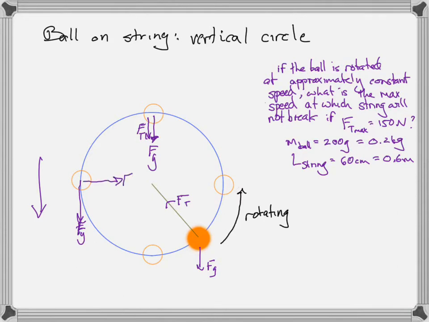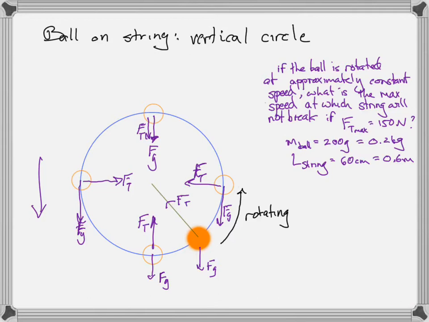At the bottom, gravitational force down, and the tension is towards the center. On the right, gravitational force down, and the tension is towards the center. So those are four separate free body diagrams.